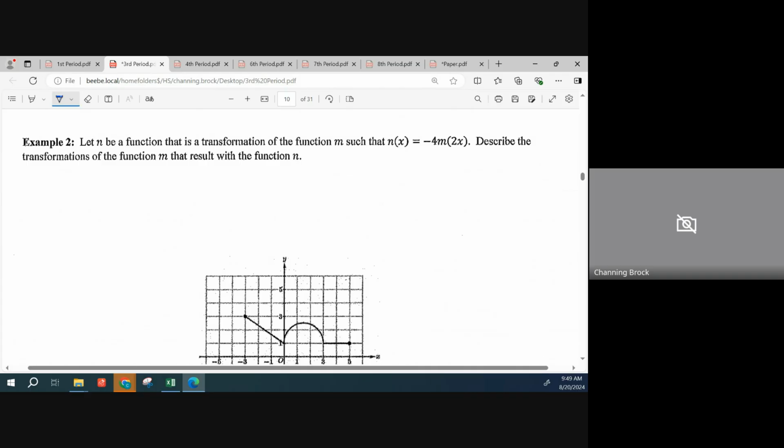So what's the first thing that occurs? Not the y-axis. Yep. So we have an x-axis reflection. Next. Yes. Vertical dilation by a factor of 4.